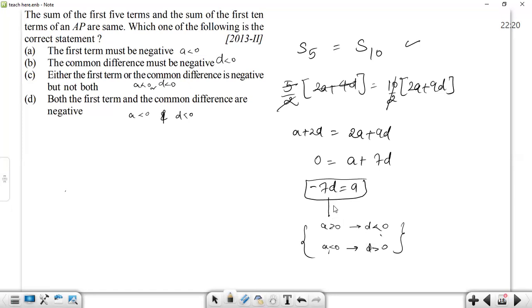So it is for sure that the first term can be negative, but there is a condition: if the first term is negative, then D has to be positive. So we cannot say a single statement only. Either the first term or the common difference is negative, but not both. Yes, this is the point that our result is talking about. Clear? Any doubts?